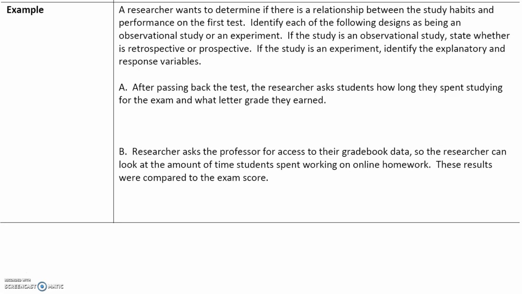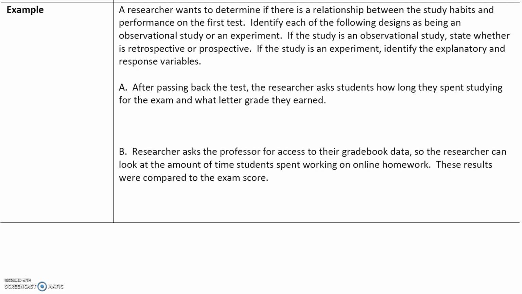Here's an example. A researcher wants to determine if there is a relationship between study habits and performance on the first test. Identify each of the following designs as being an observational or experimental study. If the study is an observational study, state whether it's retrospective or prospective. If the study is an experiment, identify the explanatory and response variables. So let's take a look at the first one.